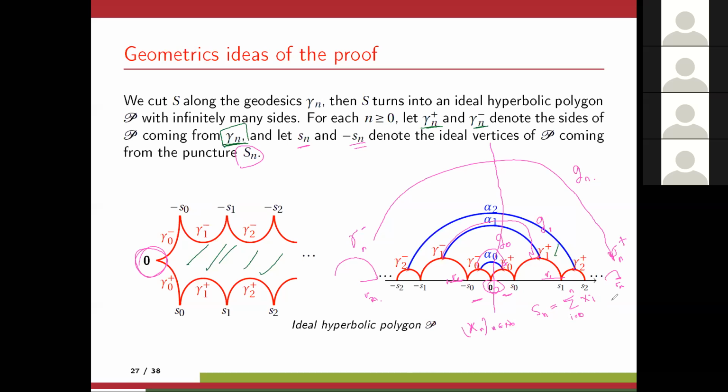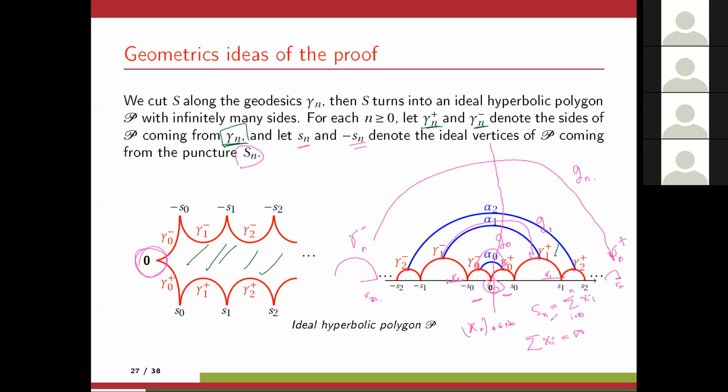You want the type flute surface to be complete, so you need the condition that the series diverges. Using this idea, you can get a zero twist type flute surface.